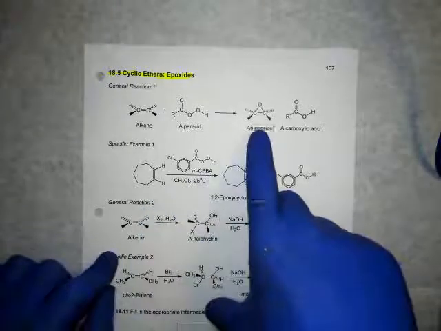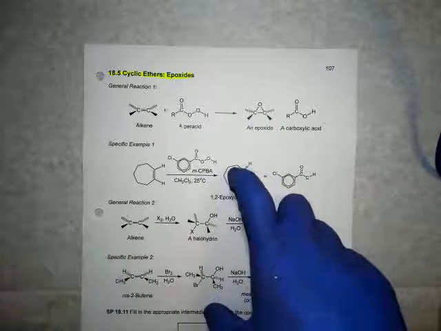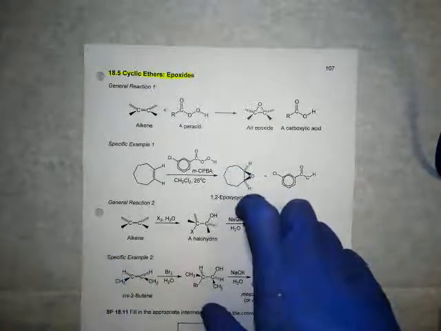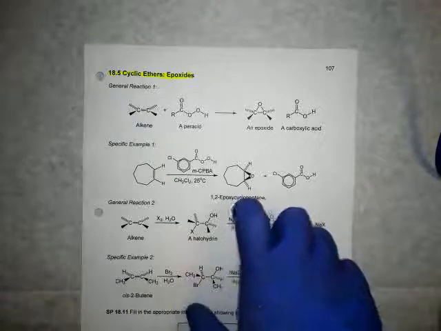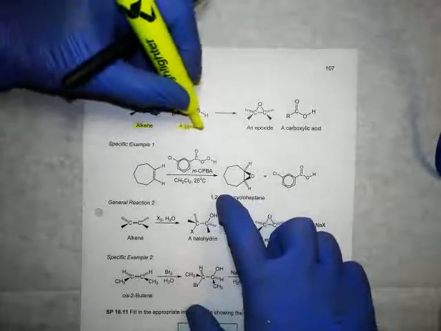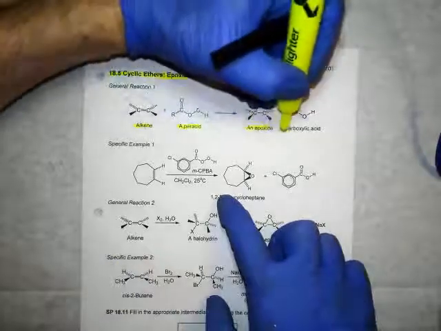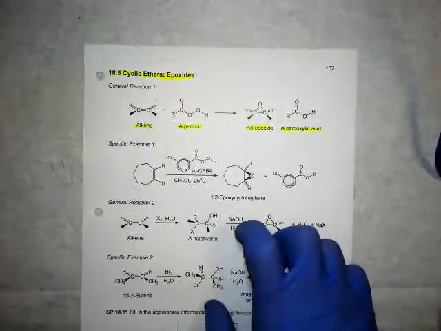So here's a generic example of an epoxide. All right, so how do you make an epoxide? Fundamentally, there's two ways. But really the best way and the simplest way is by taking an alkene and a per acid. We'll see a specific example in a moment. And they provide an epoxide and a carboxylic acid.